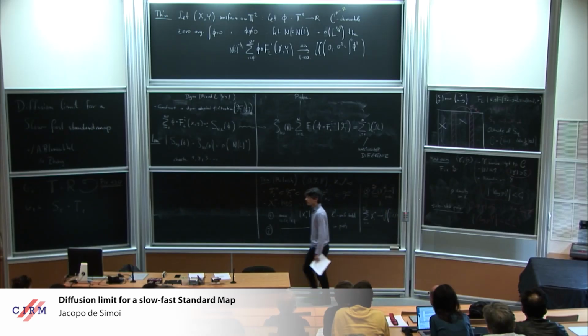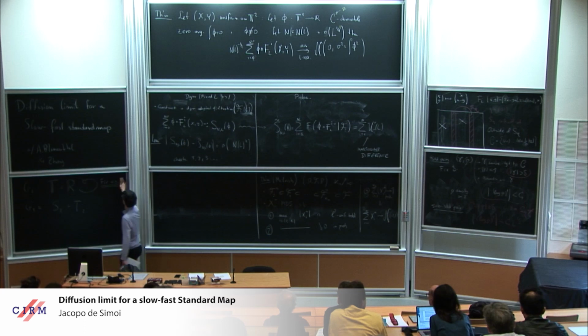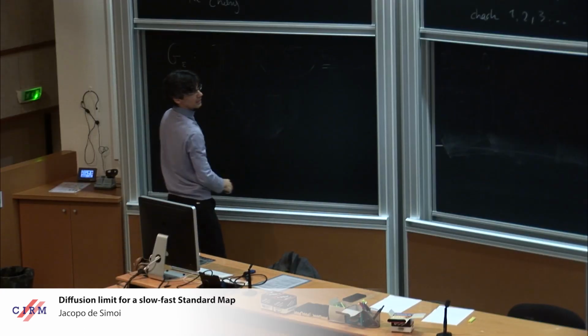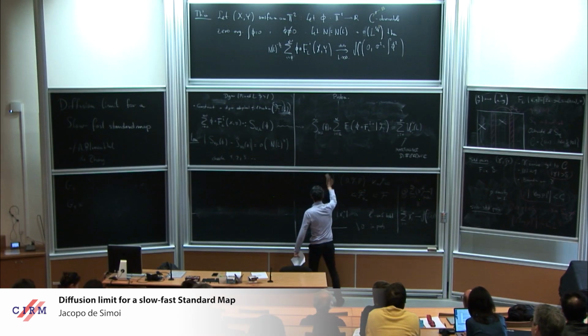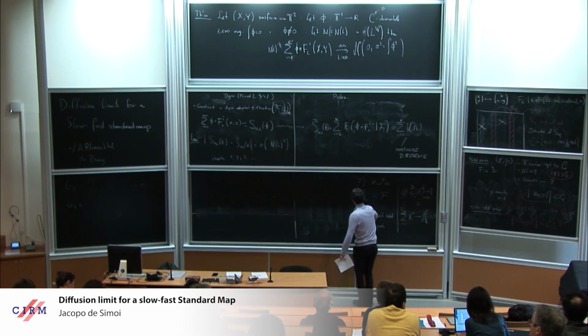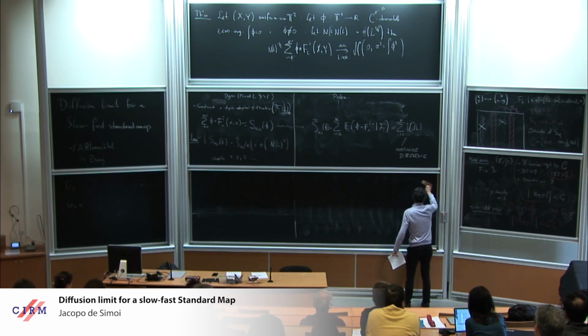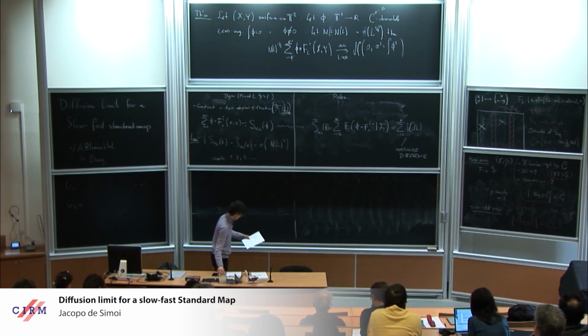And now the game is to understand exactly what happens when you iterate standard pairs in this map. I would probably need a big board, so I will use this, and that's going to be the last board of this talk, because it's 4 minutes to go. So I'm going to draw a picture.